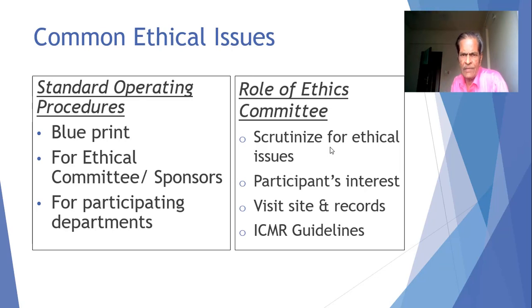With that, they inform the principal investigator the result of the proposal. The members of the ethics committee are there for safeguarding the interest of the participants and they must consider themselves as the representatives of the participants. They have the authority to visit the site of the trial and visit the records related to the clinical trial.